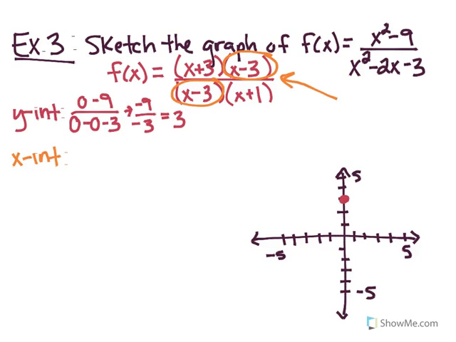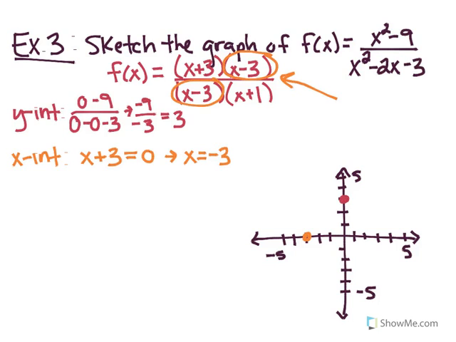So the x-intercept is when the numerator's parts that are not repeated in the denominator are set equal to 0, which in this case is just the x plus 3. So we set that equal to 0, and we solve that, and we get x equals negative 3. Remember, something else special happens where the factors are repeated. So I'm going to find x equals negative 3, which is right here, and now we've got 2 points that we have. So far, so good.